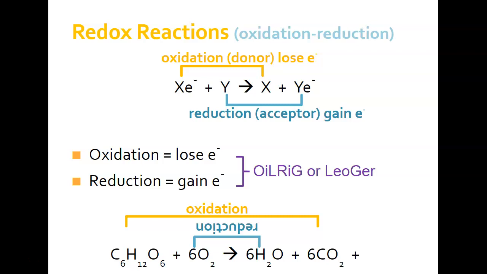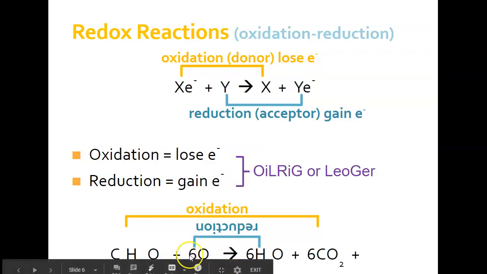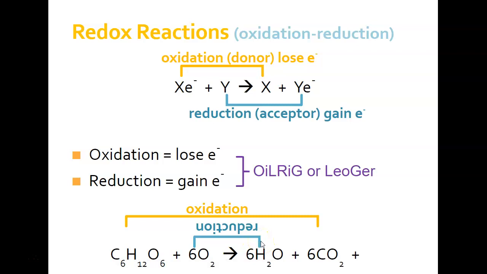So anything that doesn't have an H and then has an H is going to be reduced. So in the bottom, for example, oxygen gains hydrogens, also electrons. So it is being reduced to water, whereas glucose is losing those hydrogens, electrons, and therefore it's becoming oxidized into carbon dioxide.